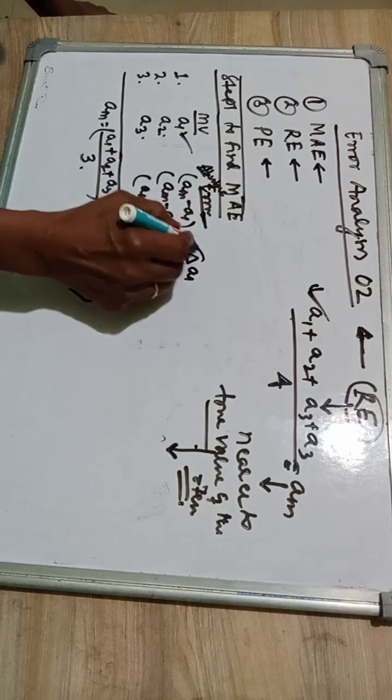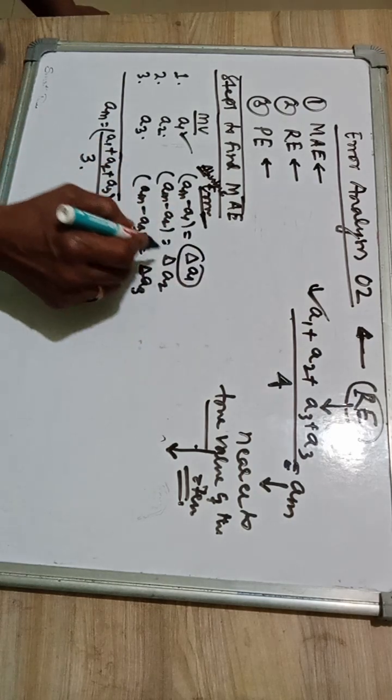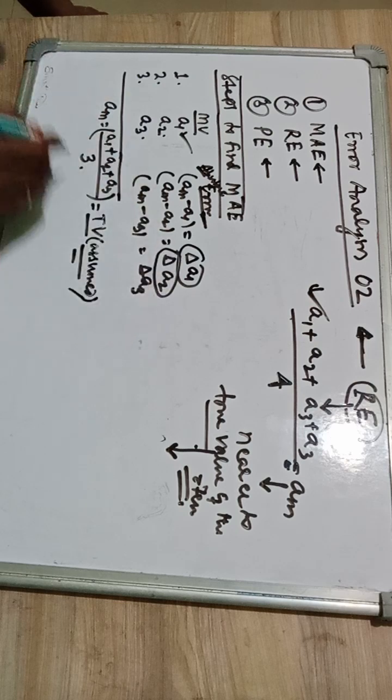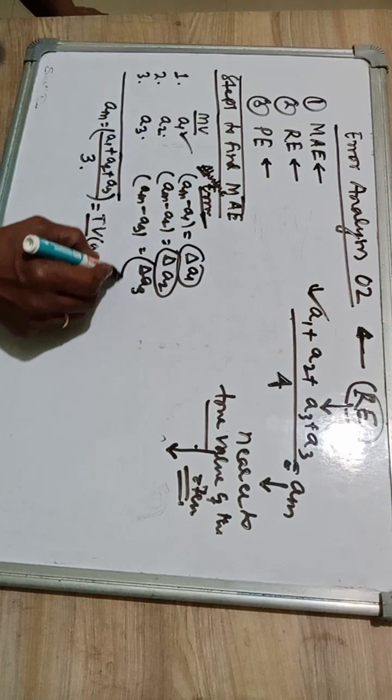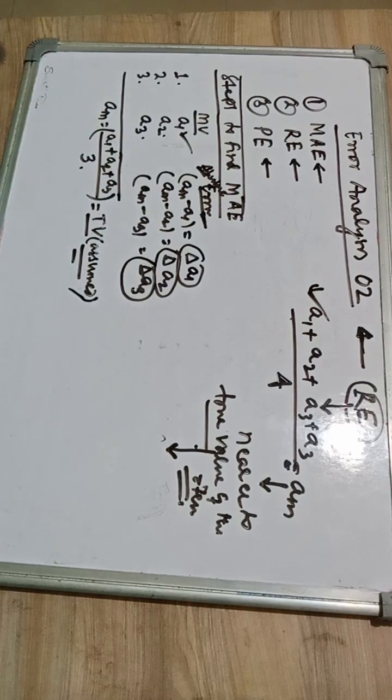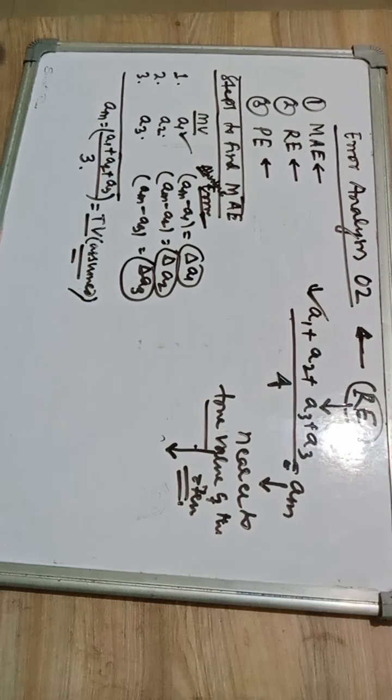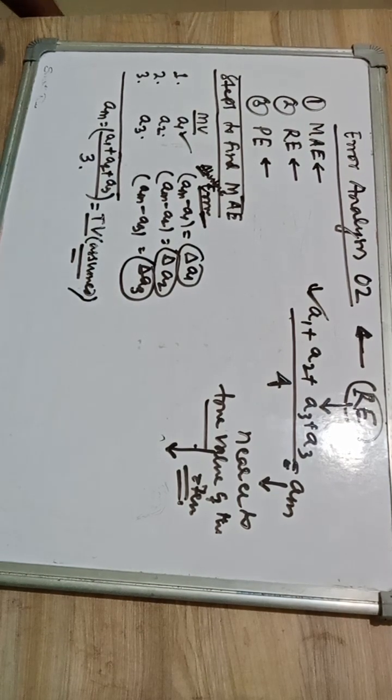For the first measurement, the absolute error is delta A1. For the second measurement, the absolute error is delta A2. For the third measurement, the absolute error is delta A3.